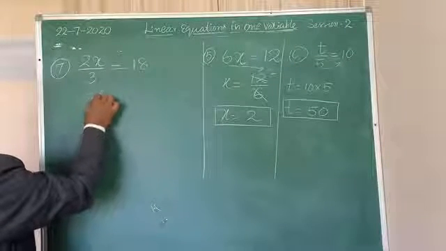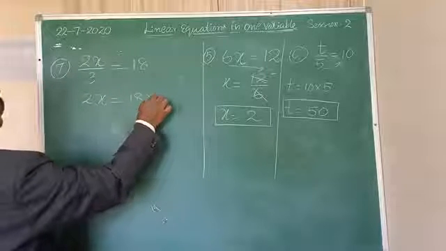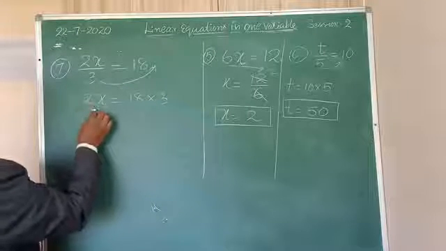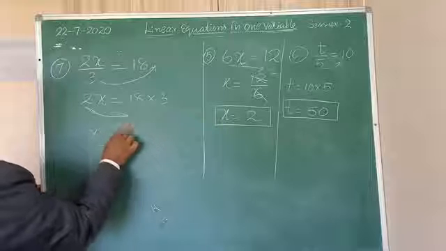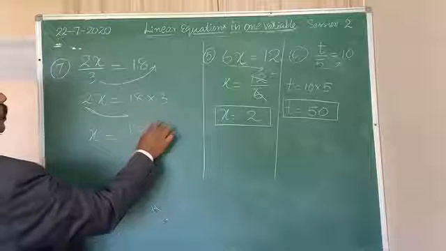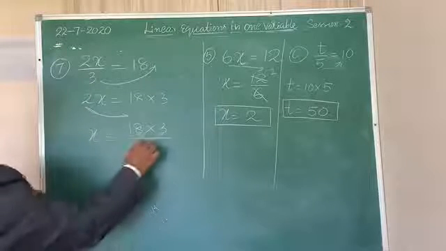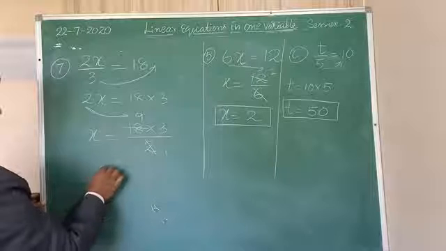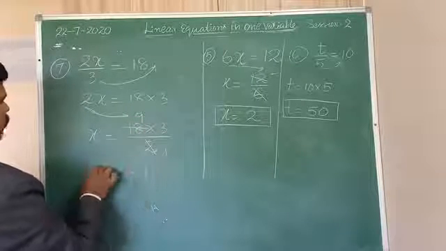So 2x is equal to 18 into 3. Then this 2 goes to the denominator, so it becomes x is equal to 18 into 3 by 2. So 2 ones are 2, 2 nines are 18. So x is equal to 9 threes are 27.